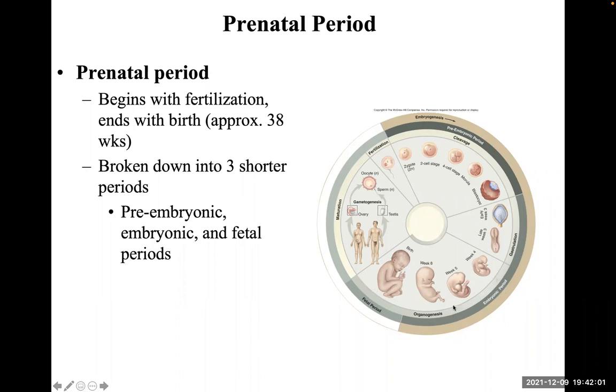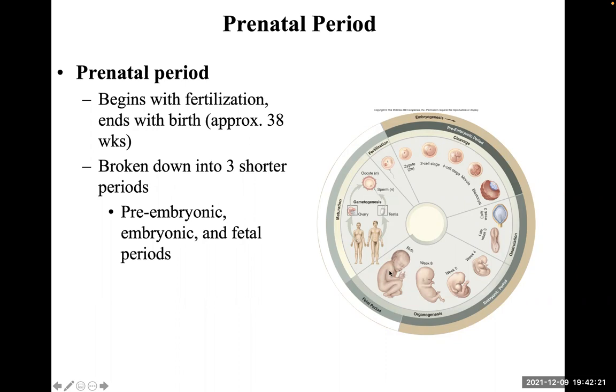The embryonic period describes all of the events that make that structure what we now call an embryo. The fetal period is characterized by growth and development of what was the embryo into the fetus.